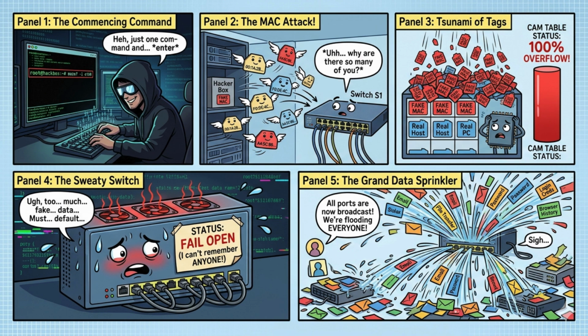Step 4, within seconds, the CAM table fills up. Step 5, now when a legitimate packet arrives for a real MAC, the switch cannot find it in the full table, so it fails open. It broadcasts the packet to all ports. The switch becomes a hub, and hubs are insecure. Everyone sees everyone's traffic.